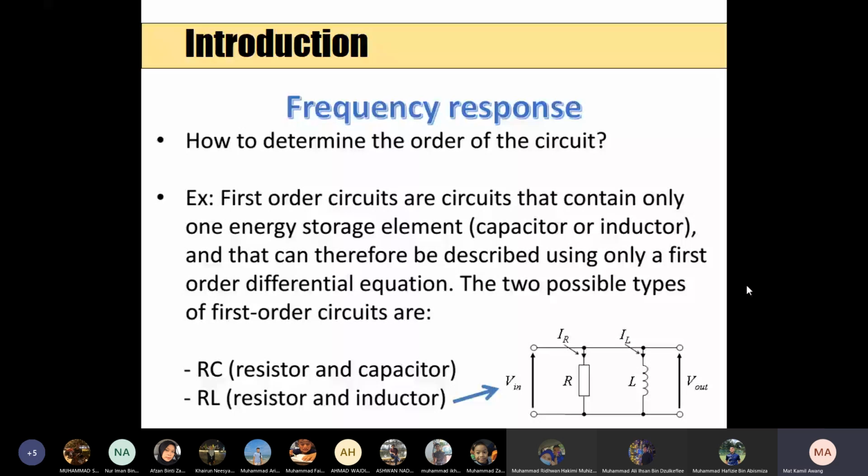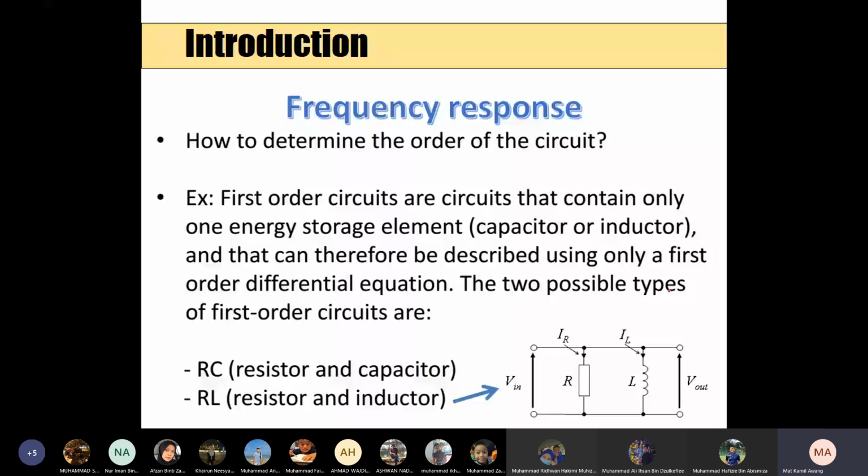First order circuits, basically, you have RC or RL. You only have one storage element. So that is the first order circuit. For example, in this case, you have the inductor and you have the resistor.